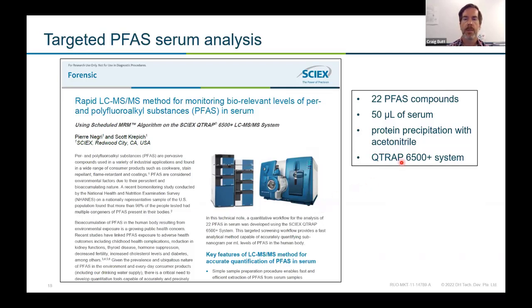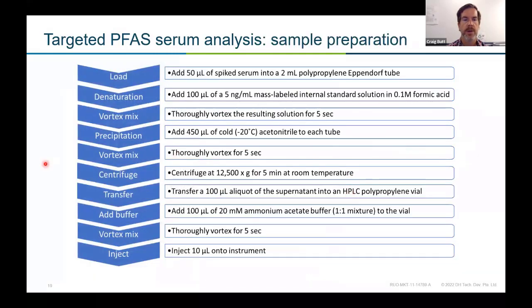A very small amount of serum, you can see here, 50 microliters was used, and I'll show you what kind of detection limits they were able to achieve with that. And the sample prep, I'm going to go into details on the next slide, but involved a protein precipitation with acetonitrile. And so here are the methods.